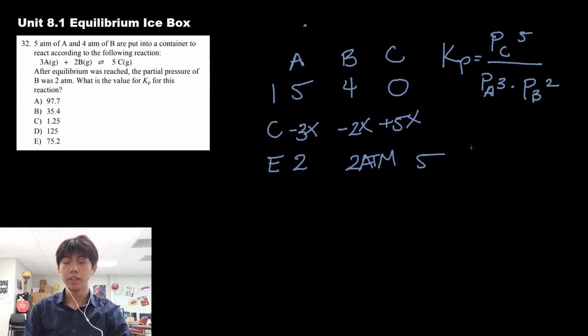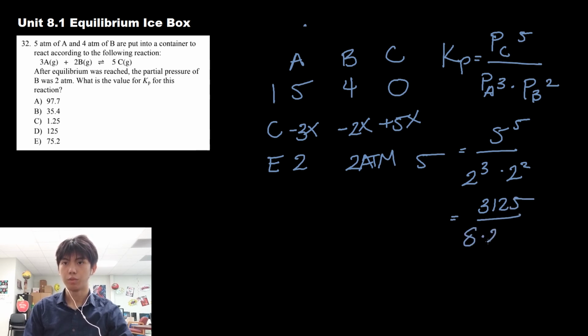Simply plugging and chugging, we get 5 to the 5th over 2 to the 3rd times 2 to the 2nd, and even further, 3,125 over 8 times 2.